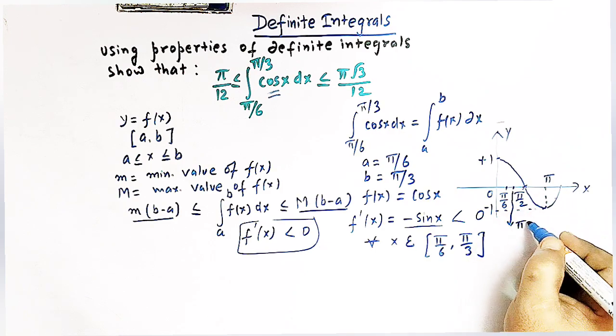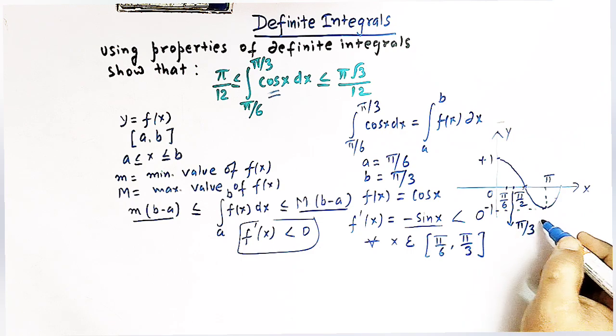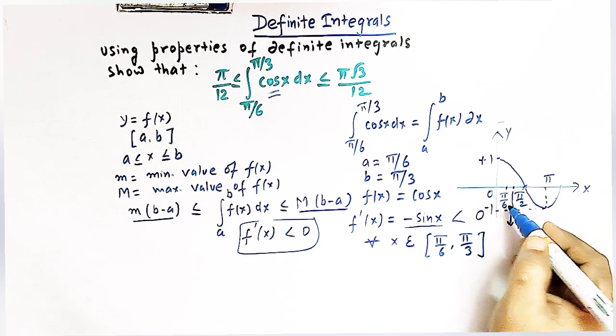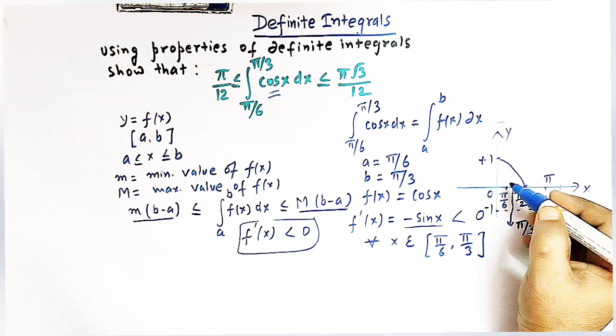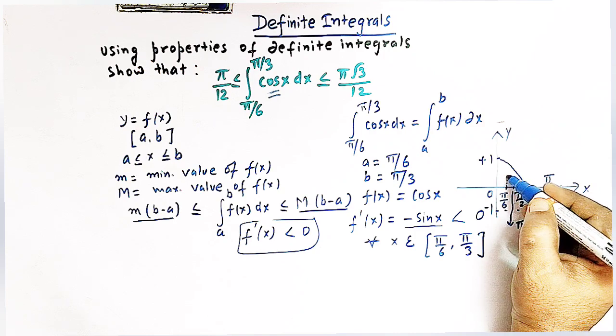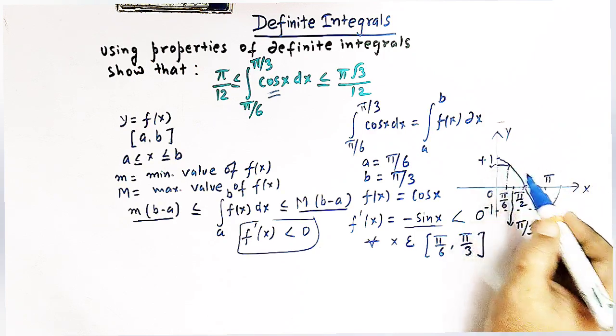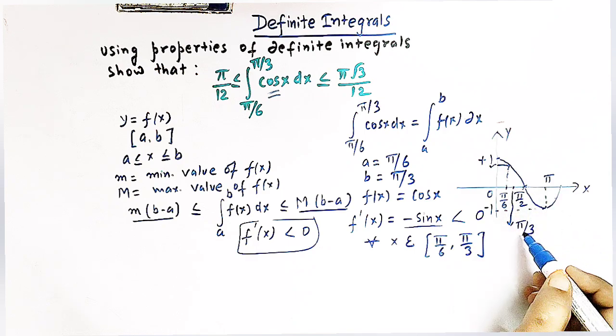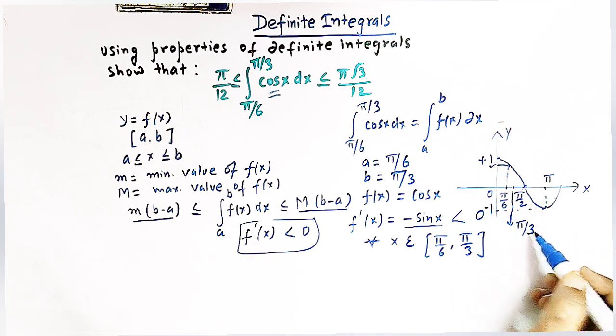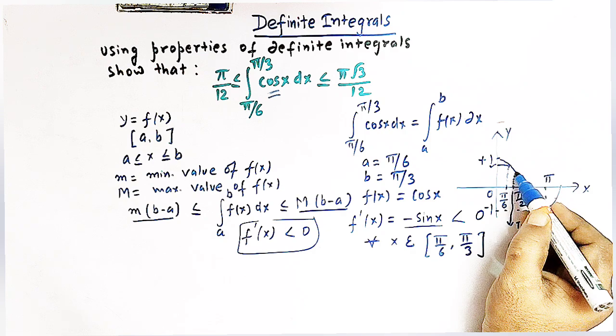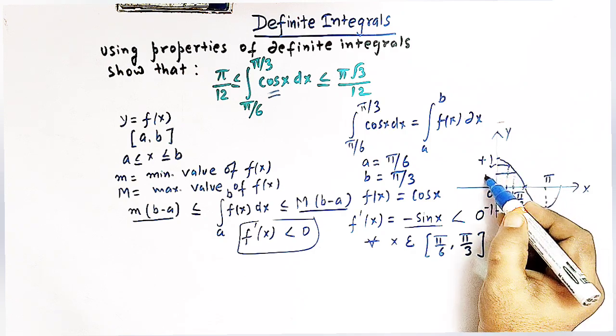So here we have pi by 3. Pi by 3 is 60 degrees, and pi by 6 is 30 degrees, right? Here the value of cos pi by 6 is given by this number, and the value of cosine pi by 3 is given by this number.